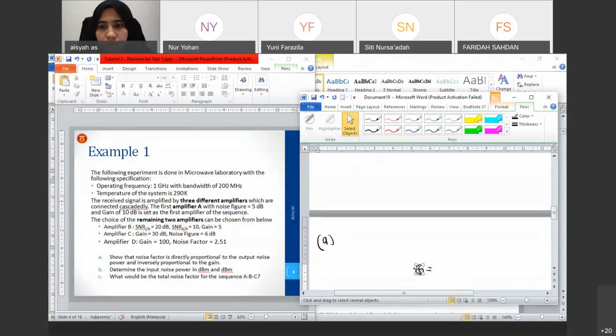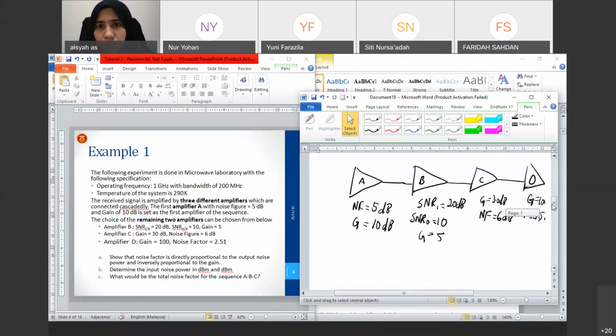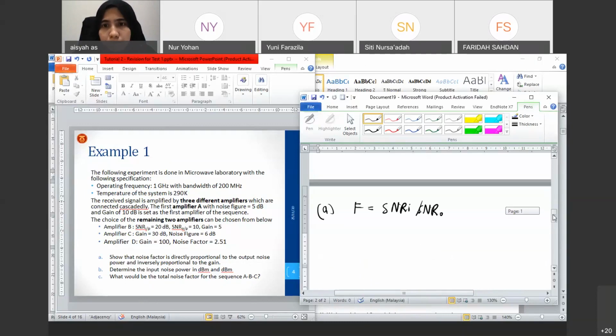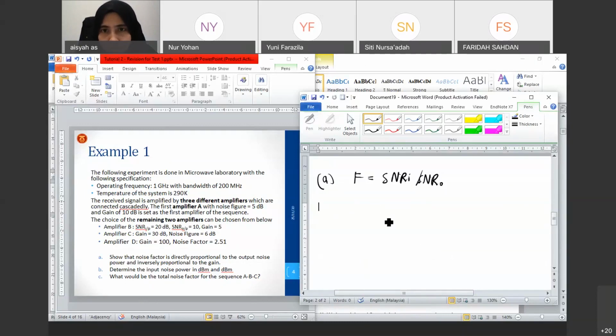So, what is the formula for noise factor? F equal to SNR I over SNR naught. So SI over NI, then over S naught over N naught.